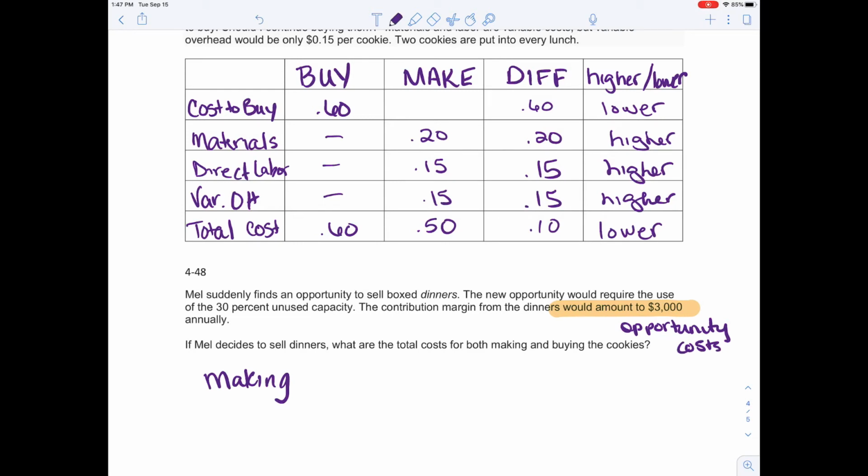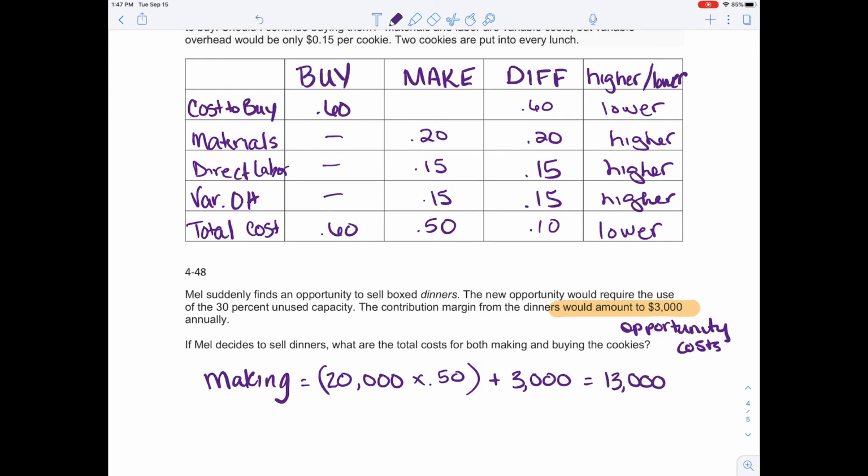If I want to make the cookies, I'm going to have to say this is going to cost me, not only I'm making 20,000 cookies, they each cost me 50 cents to make, but I also have to add in that $3,000 opportunity cost, the amount that I'm going to give up if I decide to make these cookies.